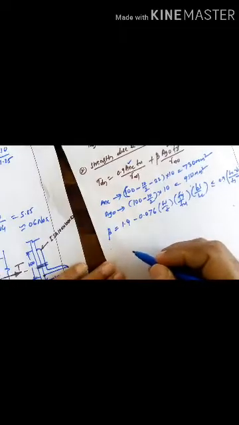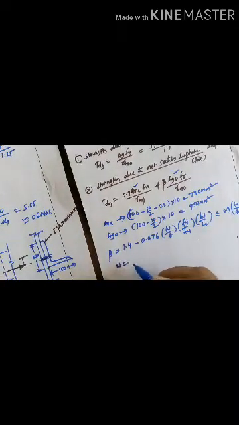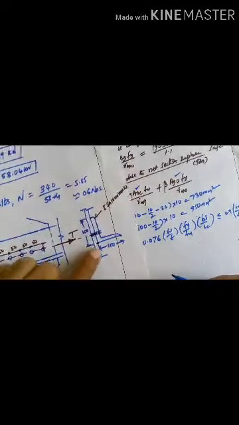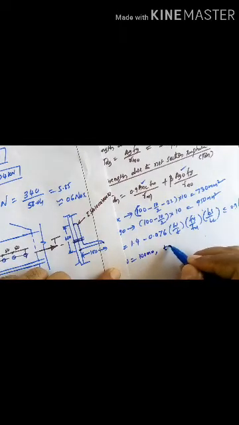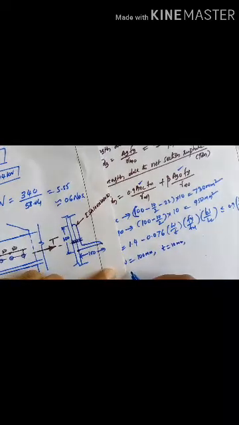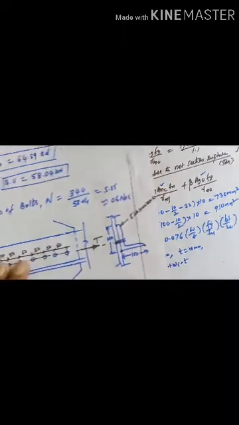Then W is what? Outstanding leg width. Here W is the outstanding leg width, that is 100. Thickness of the angle is 10 mm. Then Fy is 250. Then Bs, shear lag width, that is W plus W1 minus T as per the code.